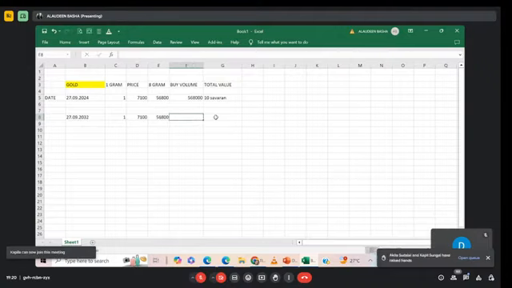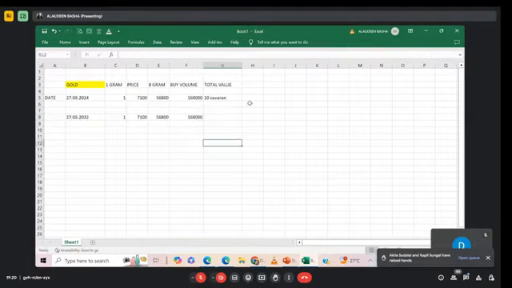The actual value is 5,68,000. The same value, but in real time, it is possible to buy the 10 sovereigns at the rate of 7,100 per gram.